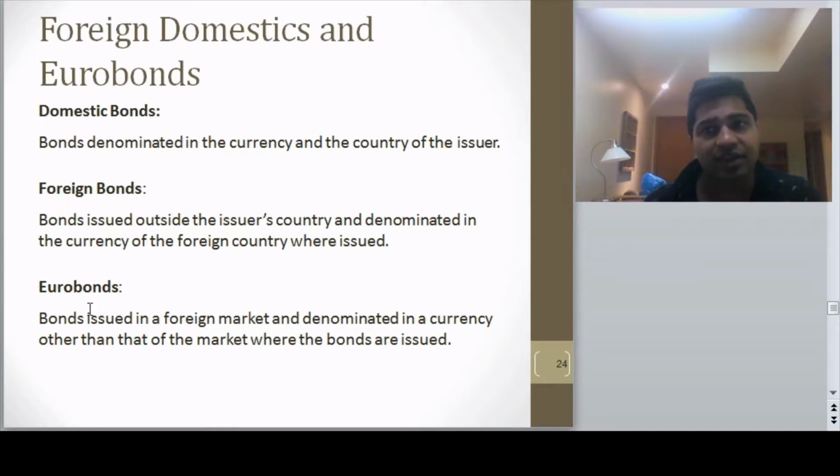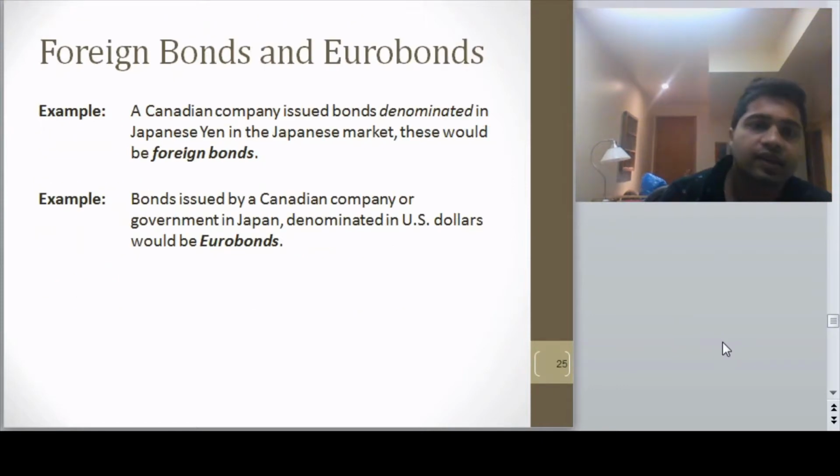And if all three are different, then it is called a eurobond. So a bond issued in a foreign market and denominated in a currency other than that of the market where it is issued. So a Canadian company issuing bonds in America, but in euros instead of dollars. So all three are different. It's a Canadian company, issues in America, and issues in euros instead of American dollars. Then it is called a eurobond.